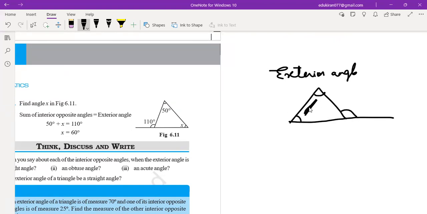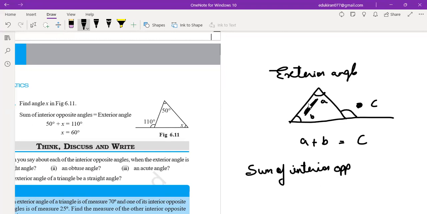If you add these two angles, it will be equal to this exterior angle. For example, this is A, this is B, and this is C. If you add A plus B, you will get C. Clear? So what formula will you write? Sum of interior angles, exterior, right, ma'am?